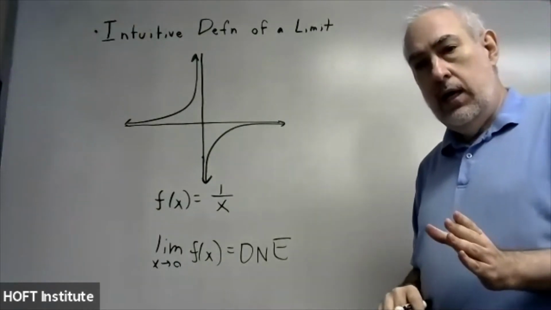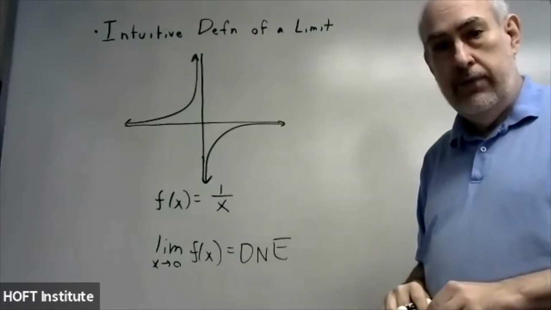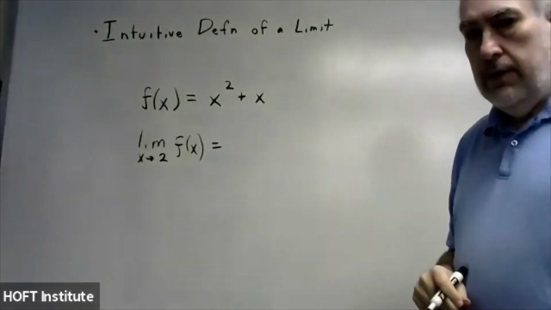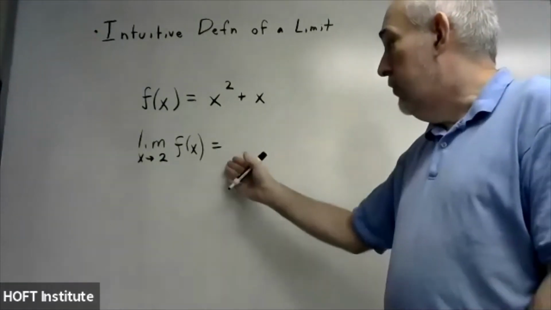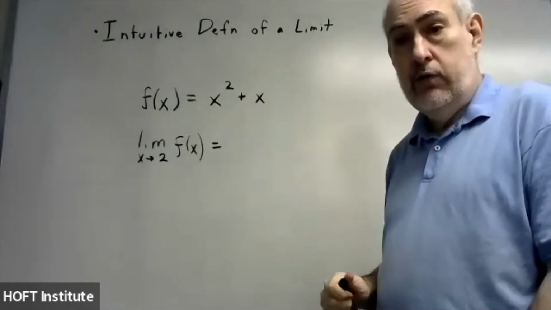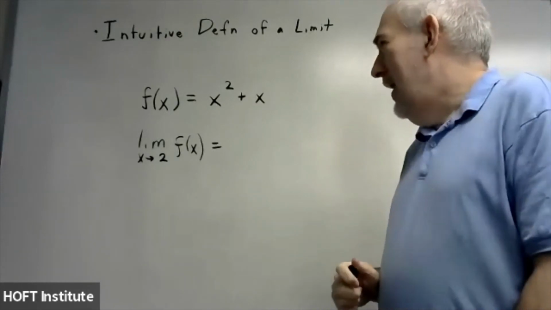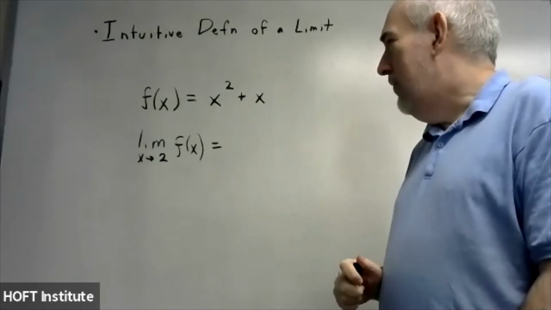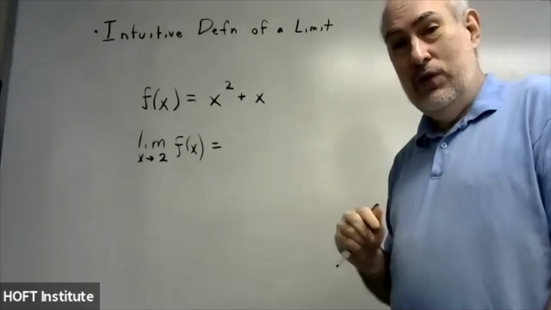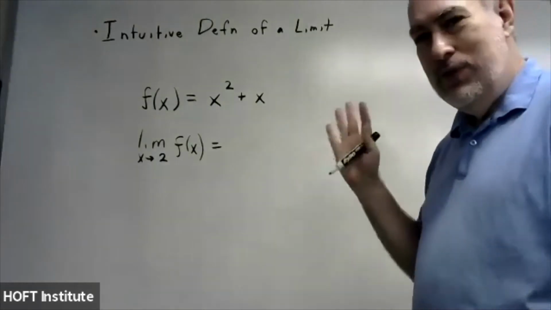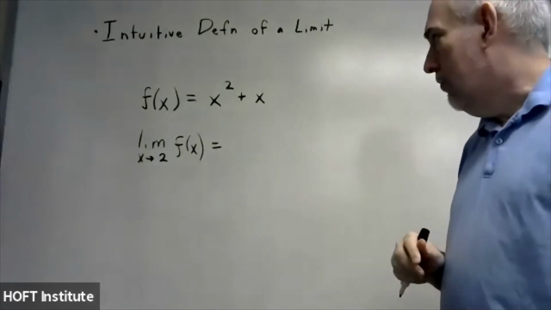Let's do an example using a function rather than just using a graph. Okay, so let's say we're trying to compute the limit as x approaches 2 of f of x, where f of x is x squared plus x. Well, we really don't have any rules about this, so I said I was going to do a function next, but really with this intuitive definition, it is better to look at a graph.